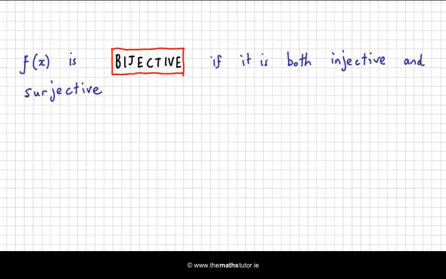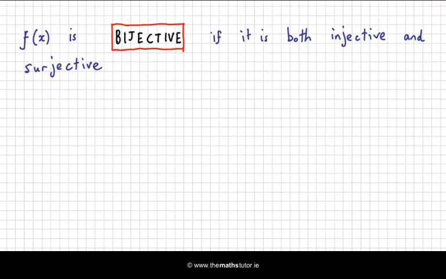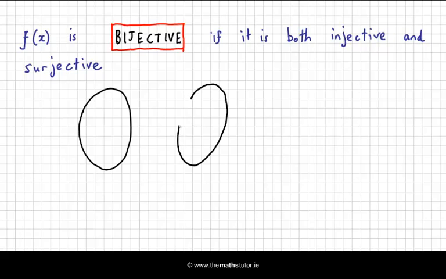Finally, a function is bijective if it is both injective and surjective. Okay, so let's try and draw an example of this. First of all, we need a one-to-one mapping. So let's put some points in here.